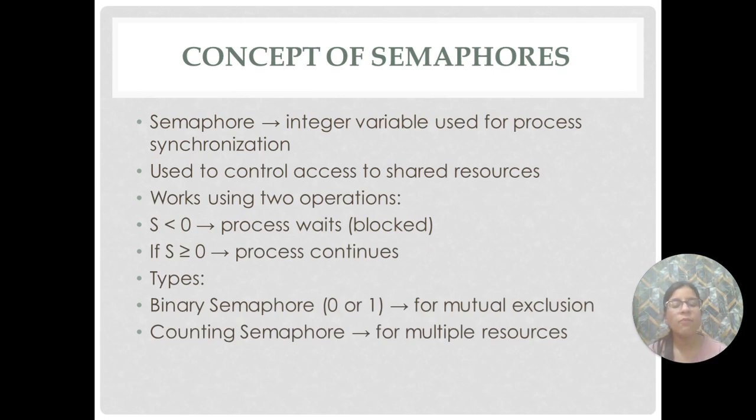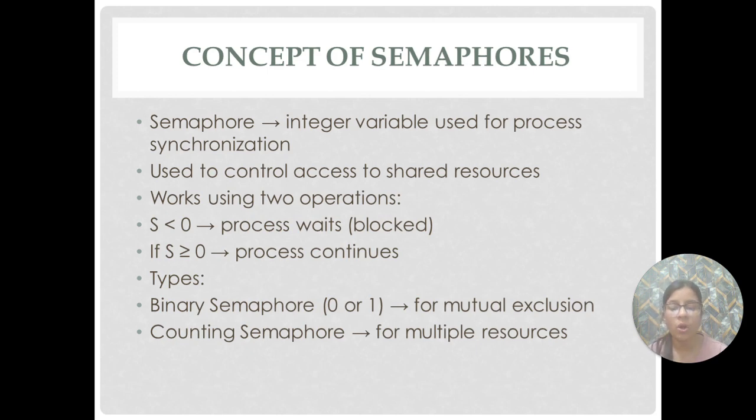A semaphore is an integer variable used for process synchronization. It controls how many processes can access a resource. There are two operations: wait, which decreases the value, and signal, which increases the value.